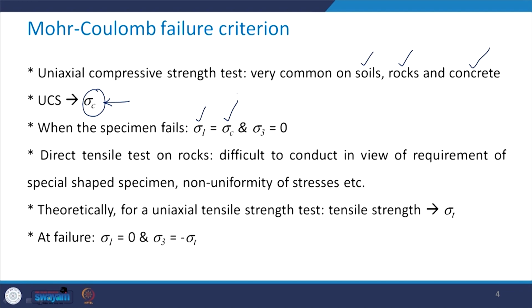Since it is the uniaxial compressive strength test, the all-around pressure or the confining pressure is going to be equal to 0, and therefore sigma 3 will be equal to 0. So, for the UCS test, the state of stress in terms of sigma 1 and sigma 3 is going to be sigma c and 0 respectively.